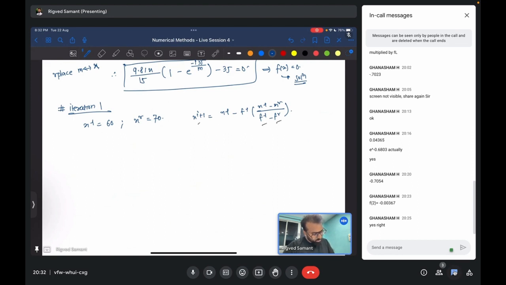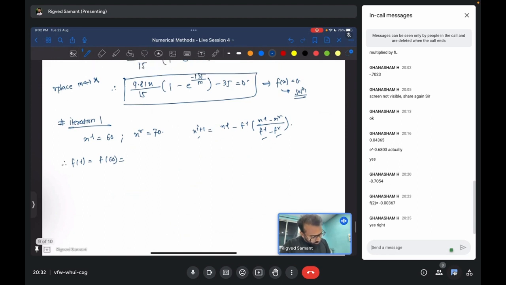And then you will find x i plus 1. So therefore FL is f of 60. So you will put the value of it here, 9.81 into 60 divided by 15 into 1 minus e raised to minus 135 divided by 60, minus 35.